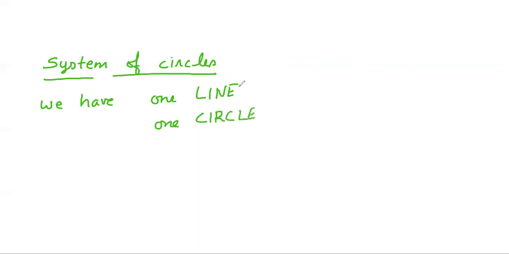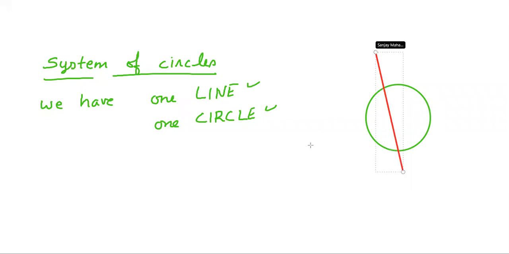The equations of the line and the circle are known to us. Suppose you have this circle and any line. These two equations are given to us, and they intersect at two points, A and B.